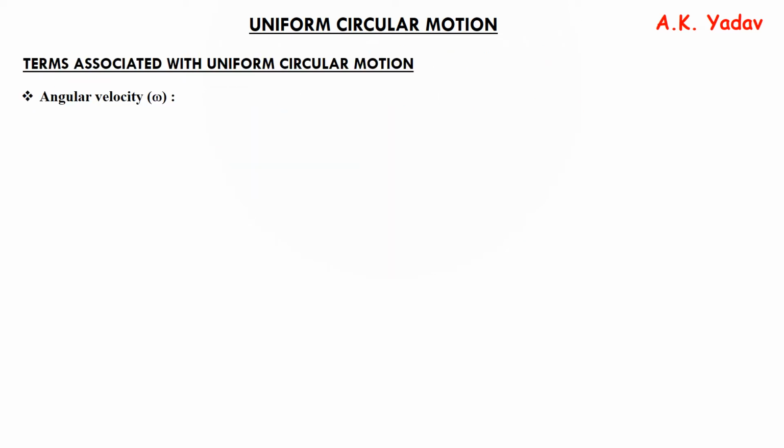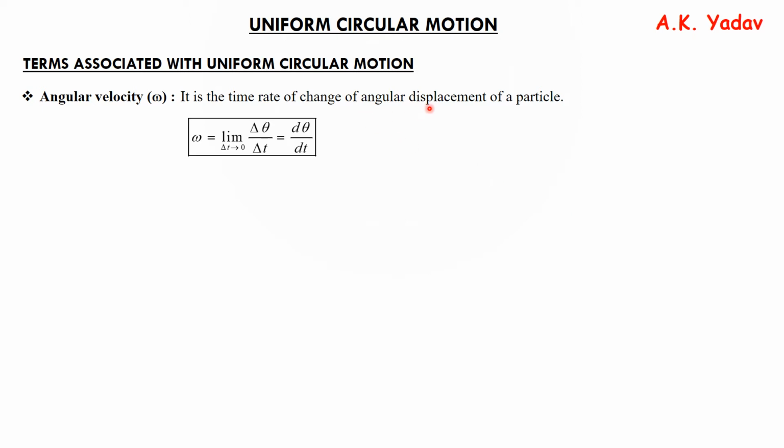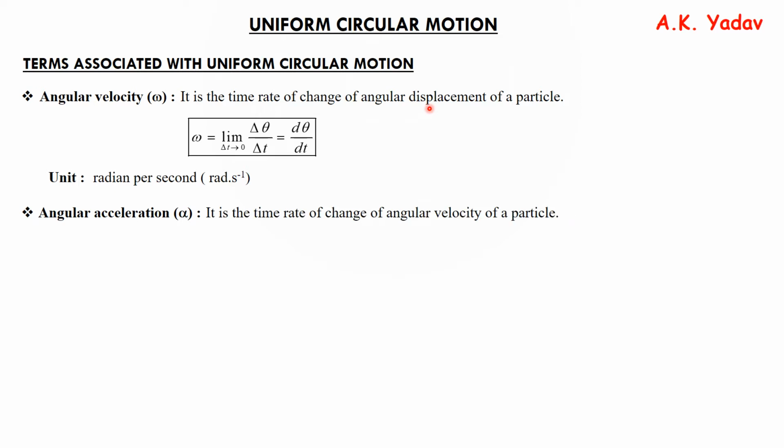More terms: angular velocity, it is the time rate of change of angular displacement of the particle. ω = dθ/dt. Unit is radian per second. Angular acceleration, it is the time rate of change of angular velocity of the particle. α = dω/dt.